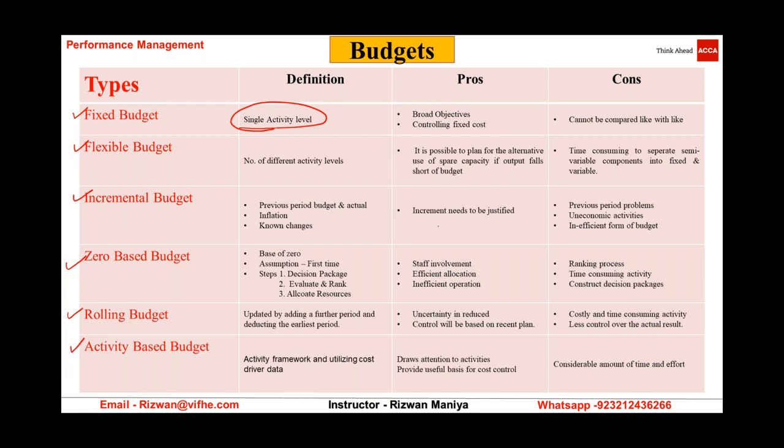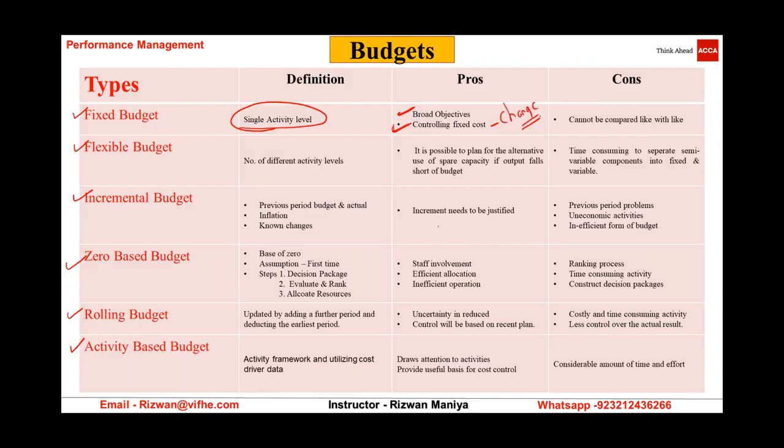The fixed budget's purpose is to set broad objectives for the organization, as this is a budget that sets the direction for the organization. And yes, it is useful for controlling fixed cost, because when your actual results are revealed, technically speaking, fixed cost is a cost that should not change, because it does not depend on the number of units.